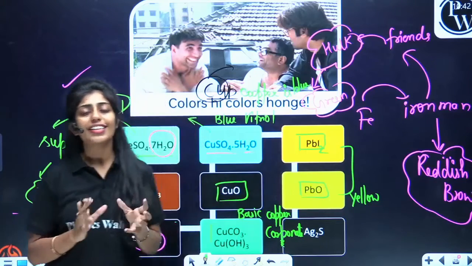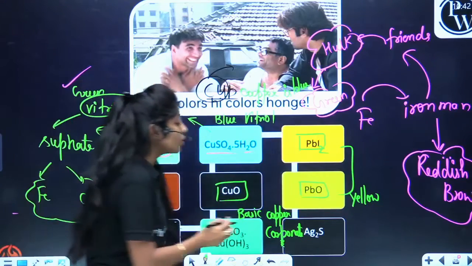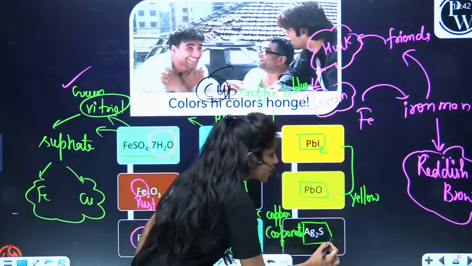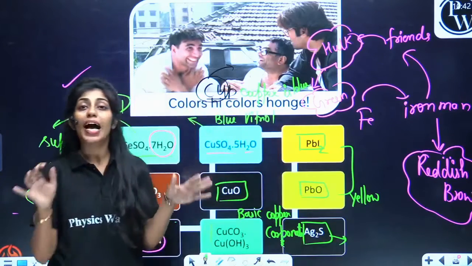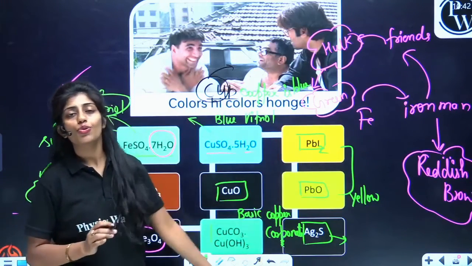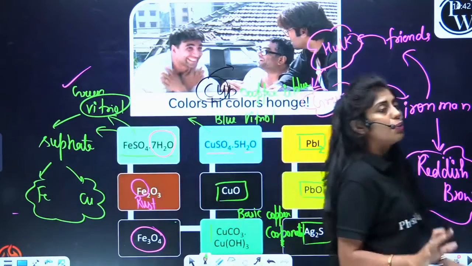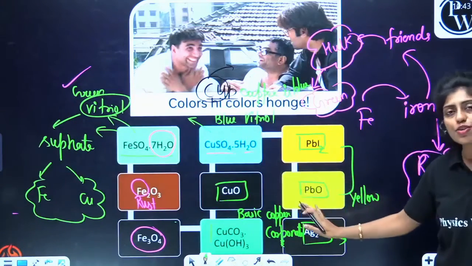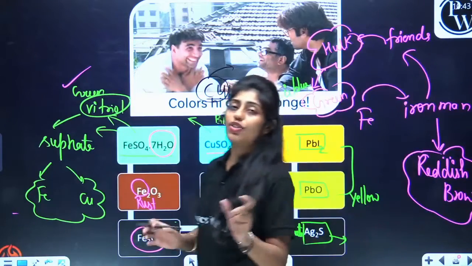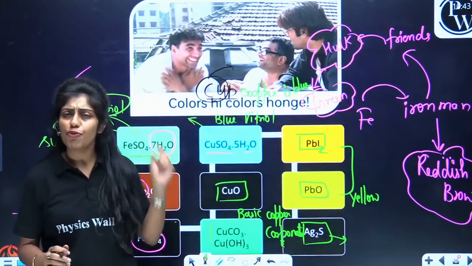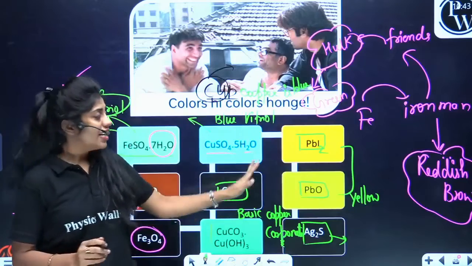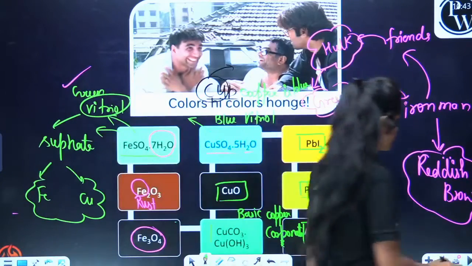That is the corrosion of silver, and it is due to the formation of this compound, Ag2S. So are we clear with these colors? Yes or no? Because these color indications are very important. You can definitely expect one or two questions related to change in color.